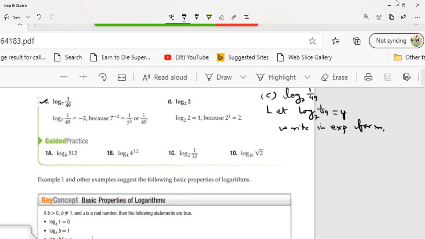We get 7 as it is on the left side, and y will come on the left side, and 1 by 49 will come on the right side. Sorry, 49.